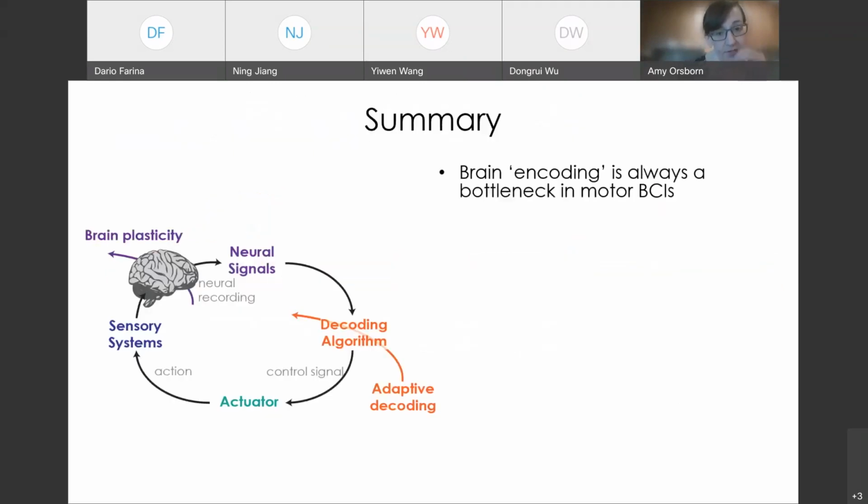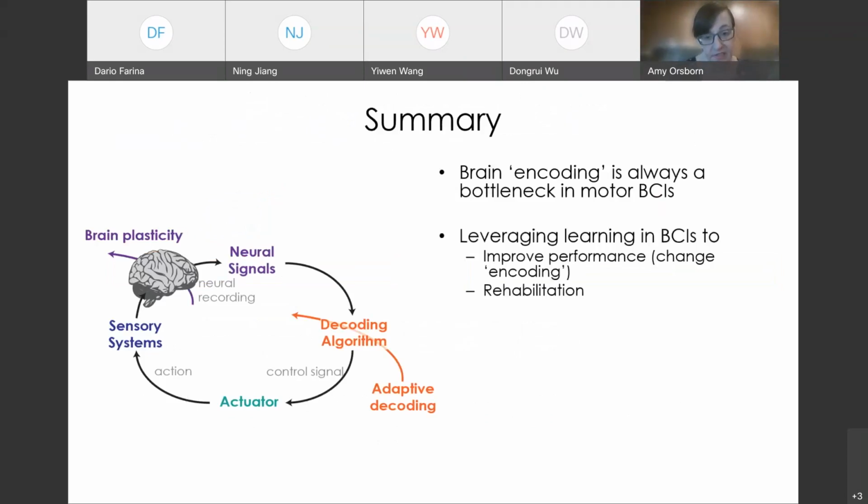To conclude, the brain's encoding potentially could be a bottleneck for motor BCIs. We're really interested in how we can leverage learning within the brain to shape that encoding, which could be useful both for optimizing performance and for rehabilitation.